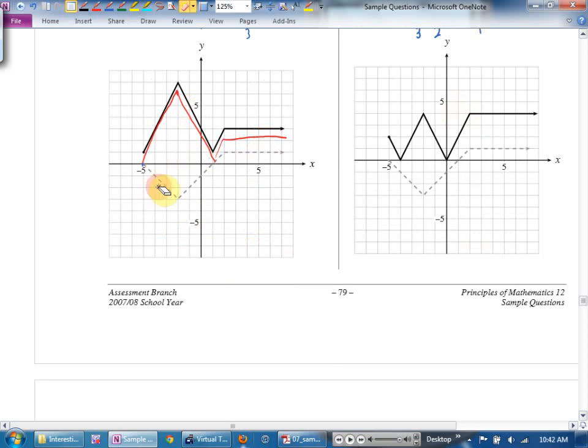But if you're doing multiple steps, use dotted lines along the way, or use different colors, or go over your last one in pen and make a note saying pen is final answer or something like that, they're okay with that. But the rule is if you do the whole question in pencil, any solid lines we assume are part of your answer. That's how we're taught to mark them.